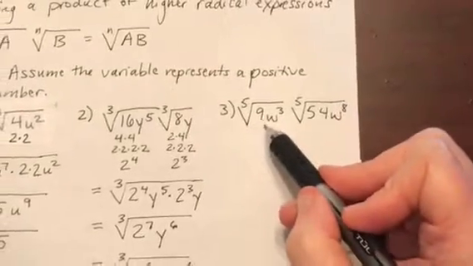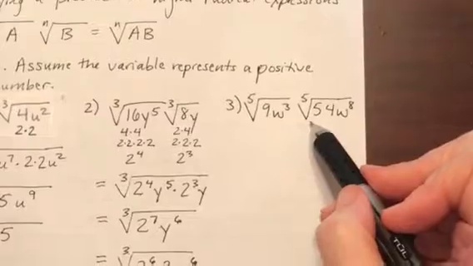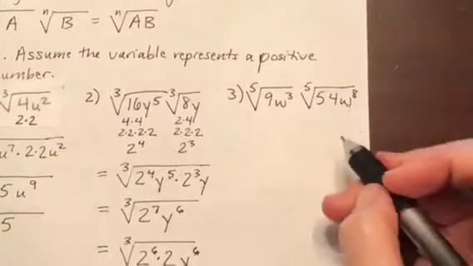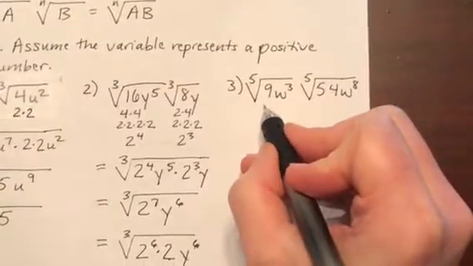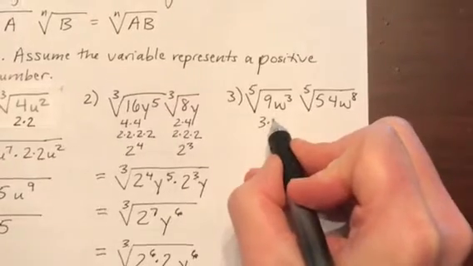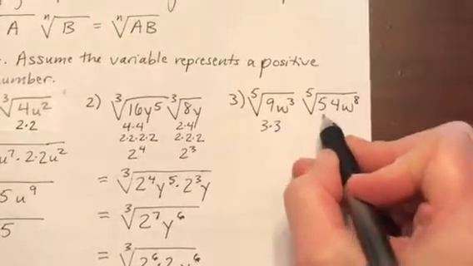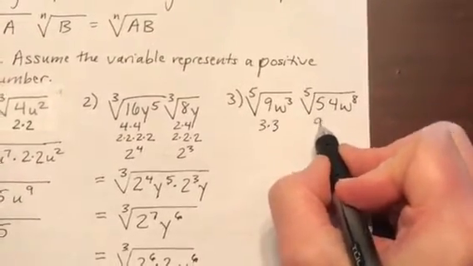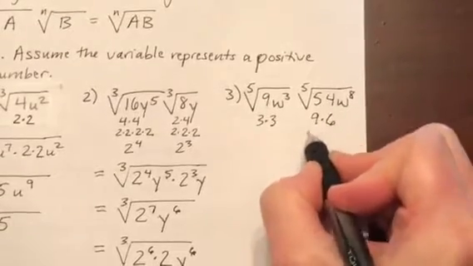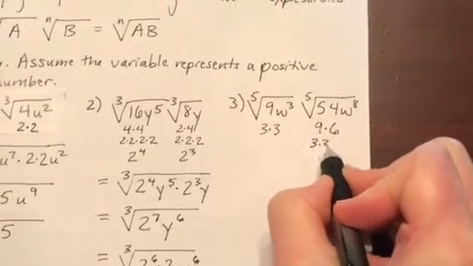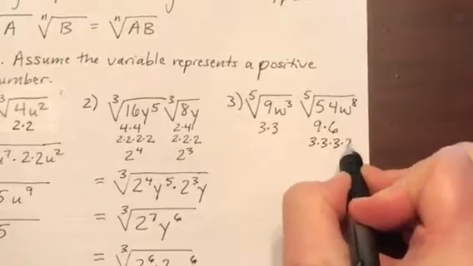The 5th root of 9w to the 3rd times the 5th root of 54w to the 8th. All right, 9 would break into 3 times 3, and then 54 can break into 9 times 6, which would be 3 times 3 times 3 times 2.